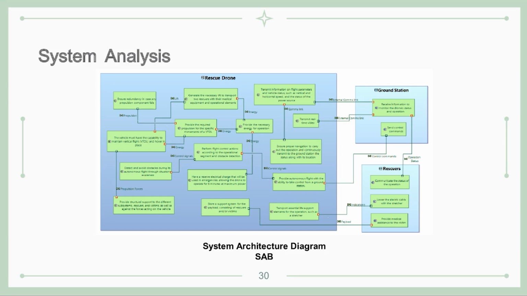As shown in the diagram, the primary focus is the rescue drone. External actors include the ground station and rescuers who interact directly with the drone. Since the drone will transport two rescuers to the victim's location, it must have VTOL capabilities, introducing design constraints that must be considered.